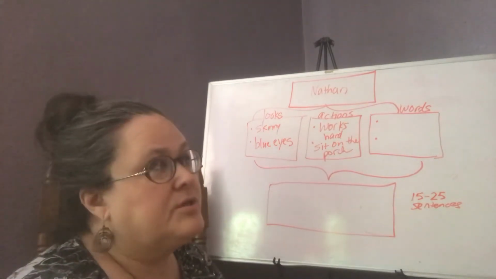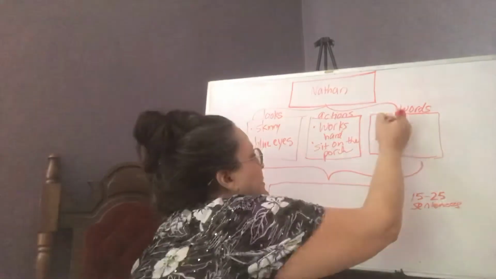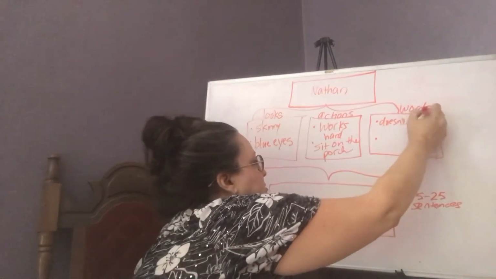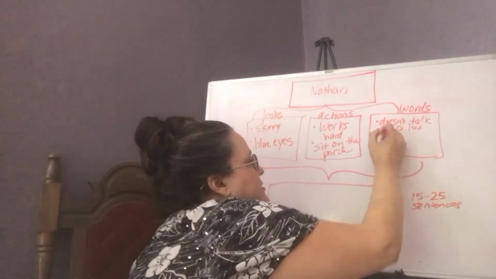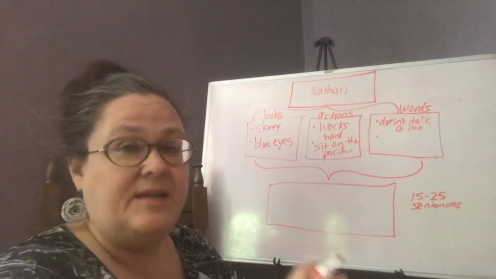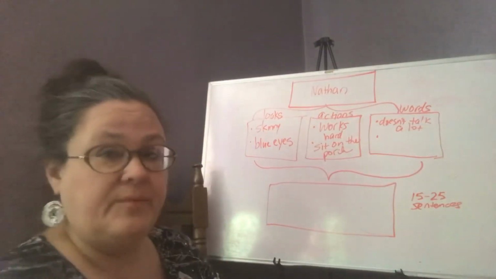His words. Okay, he's an introvert. He doesn't talk a lot. I'm going to put 3 things here. But when you get him on a subject that he knows a lot about or he's passionate about, he really wants to share.